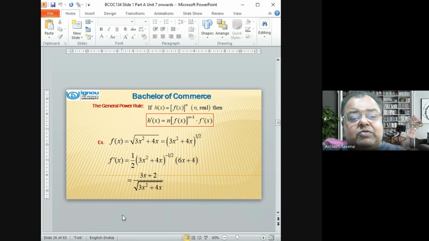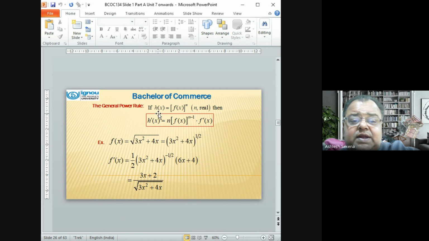Now see the power. You have a function. This is what we are doing in the chain rule. Normally, later on in the class, we won't be doing this; we will be straight away solving the problem. Now you can see this is the basic result.